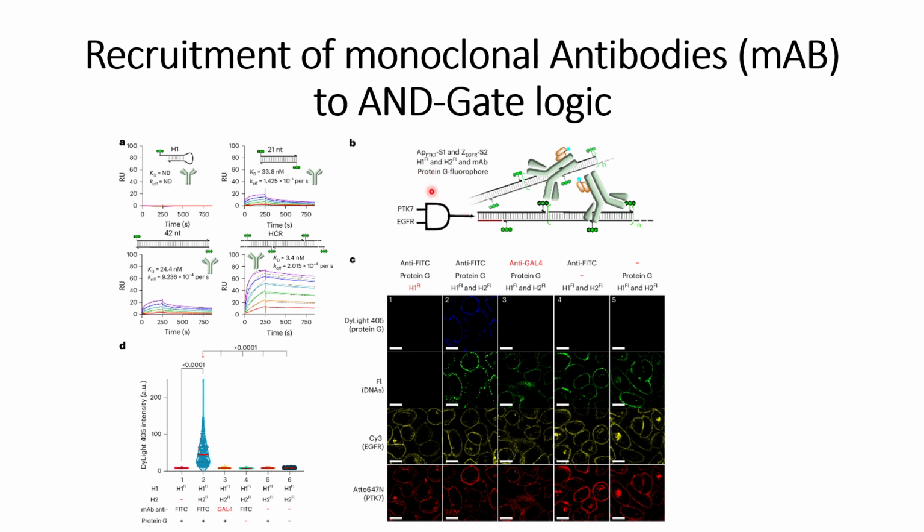And in order to see the positive signals, they also use another antibody, Light 405, which can target protein G. So it will give signals only when it can interact with protein G and the anti-FITC, which is from the other biomarker. This is their actual experimental design.